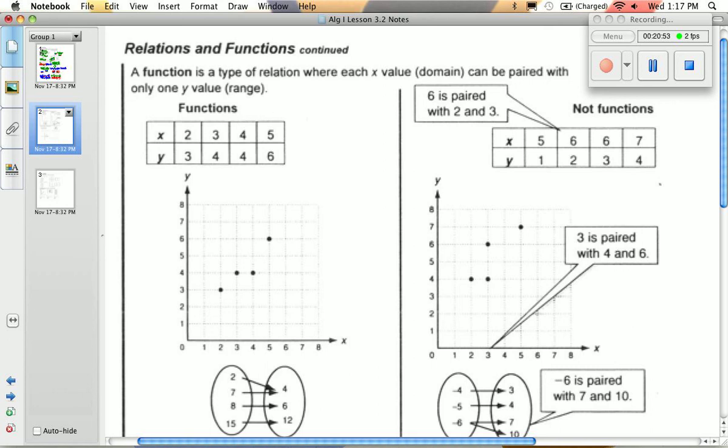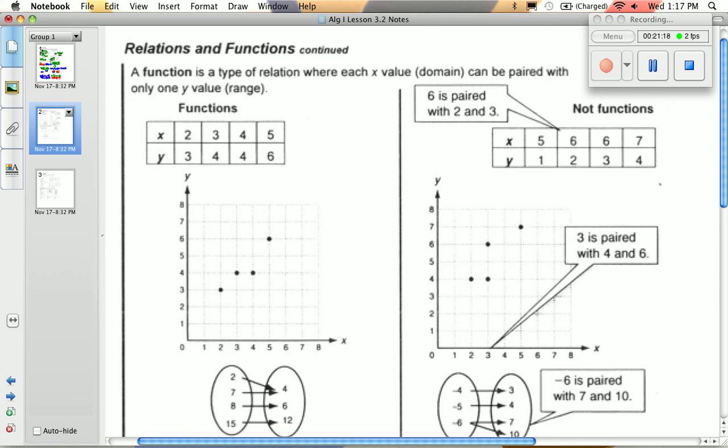Okay. Here's where it gets tricky. Not all relations are functions. A function means that you have a type of relation where each x value, a domain value, can be paired with exactly one y value. In other words, in that relationship, each x has only one y.